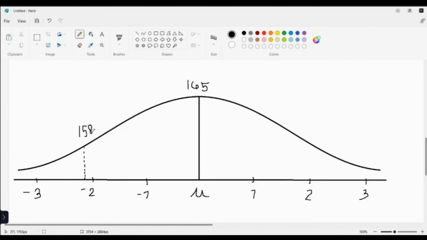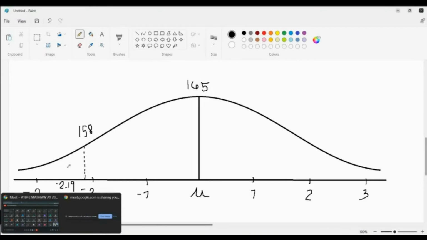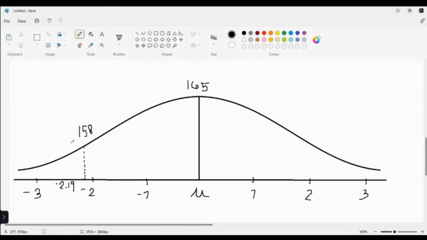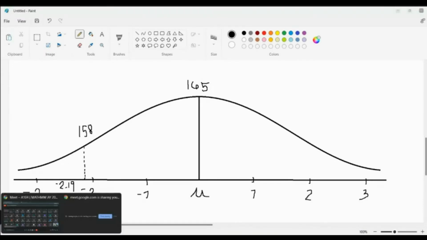158. Negative 2.19. So which side of 158 are we going to shade? Is it the right or the left side? Anyone? Right side po. Or left side?